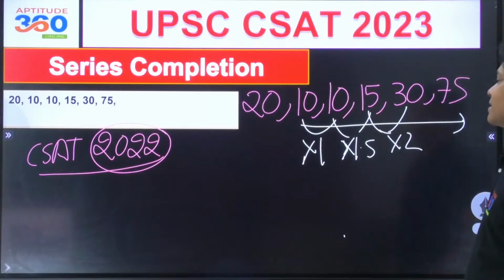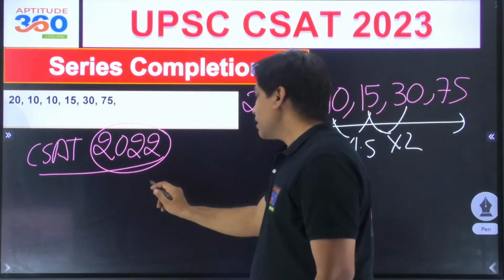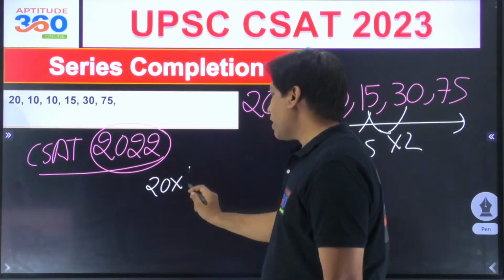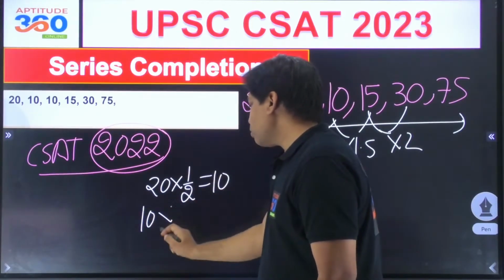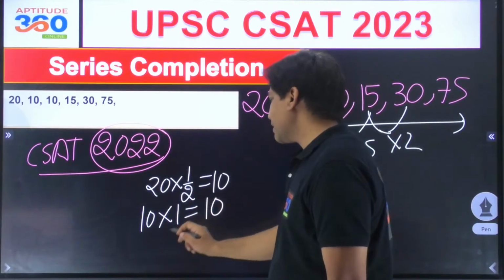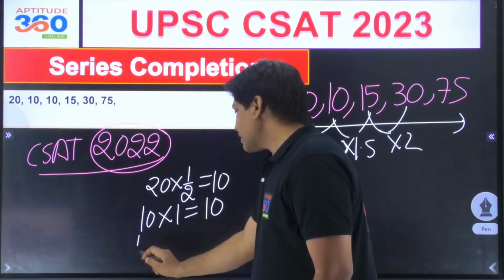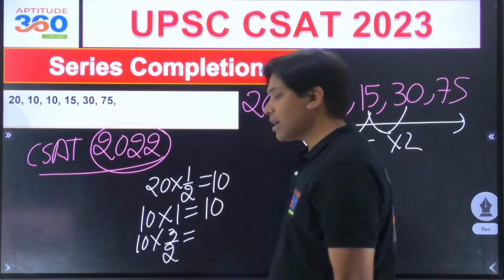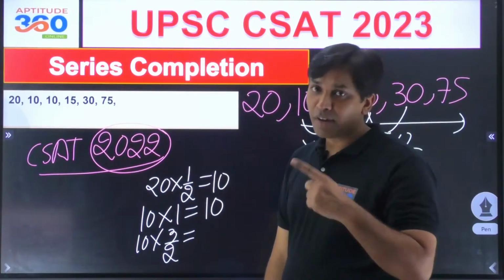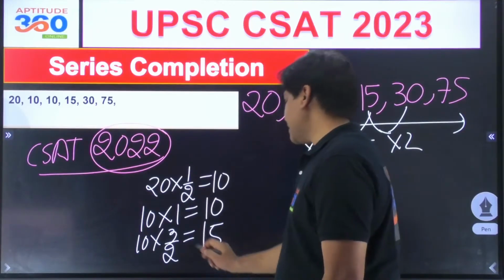Oh, that's the answer. What is happening? 20 into 1 by 2, half, is 10. 10 into 1 is 10, and then 10 into 1.5, 3 by 2, is 15.